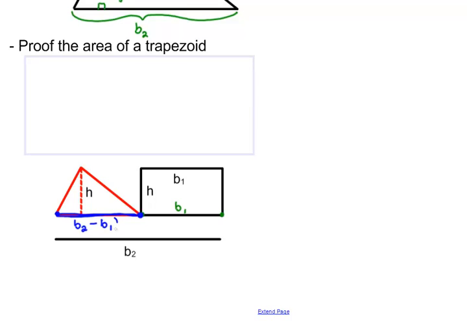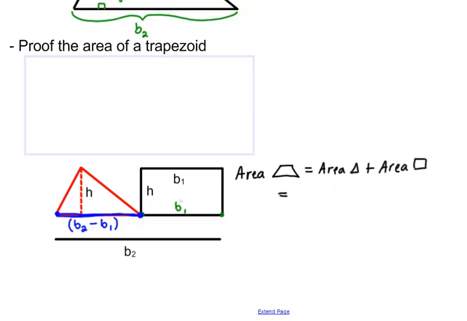So I'm going to put that in there. There we go. So now the area of my trapezoid is just going to be the area of my rectangle plus the area of my triangle. So the area of my trapezoid, I'll just draw the figure like this, is equal to the area of the triangle plus the area of the rectangle.